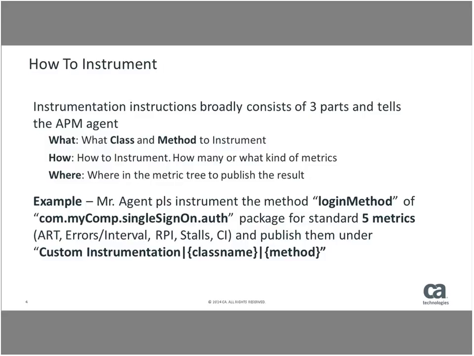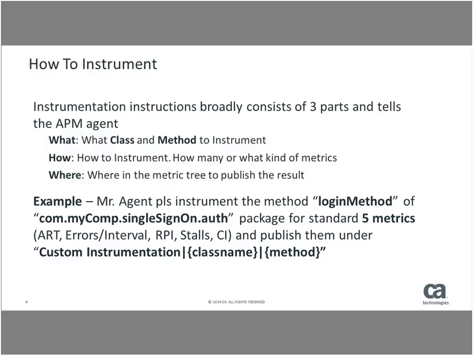Where exactly do you want that metric to show up? Those are, in general, the 3 parts of custom instrumentation. Then we can get into some advanced concepts like grouping. We'll look into that, but overall, these are the 3 basic concepts.